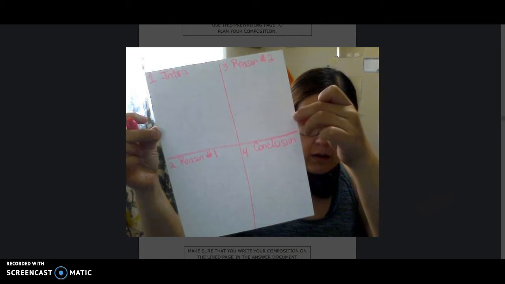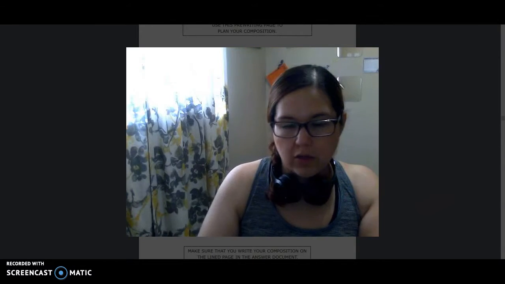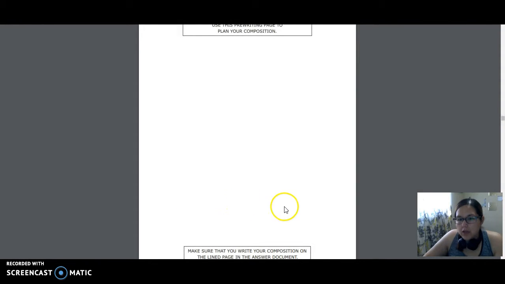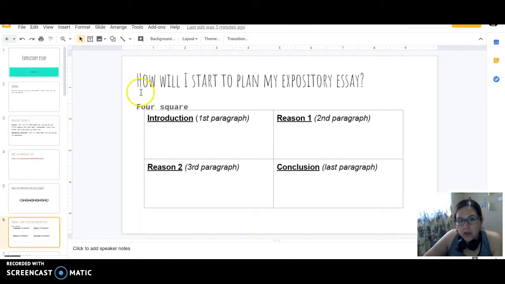Okay? Now, let me go back to the slide that I was showing you. And so over here, you're able to see how the first paragraph is introduction. Second, again, it doesn't really matter as long as you have the 4 squares. Reason number 1 in the second paragraph. Reason 2 for third paragraph.